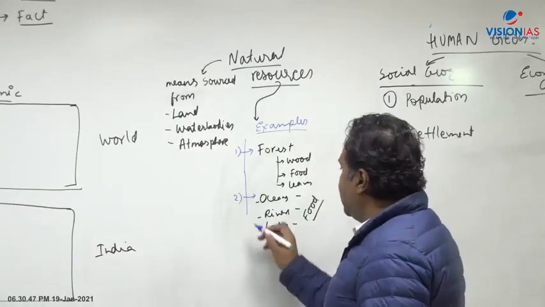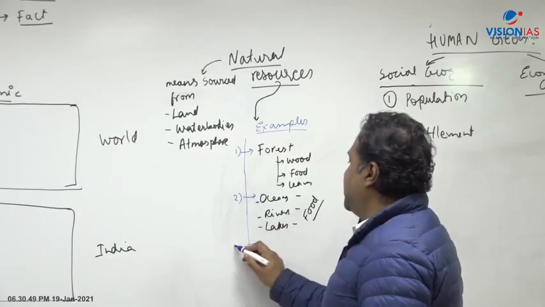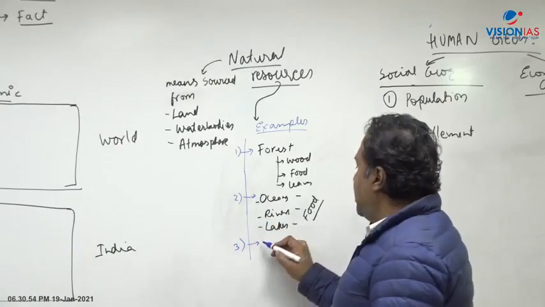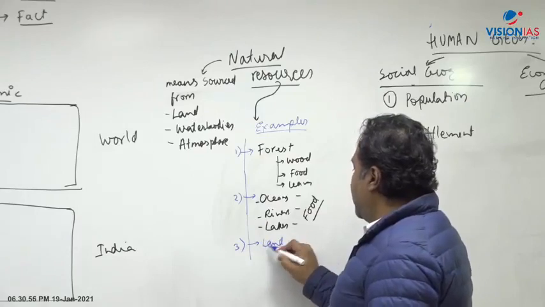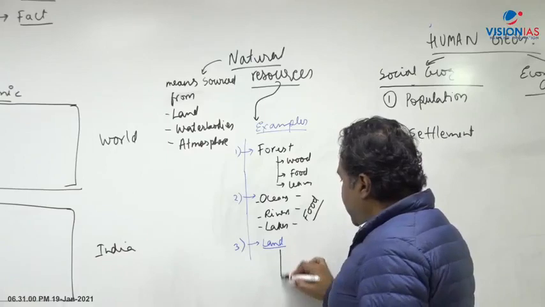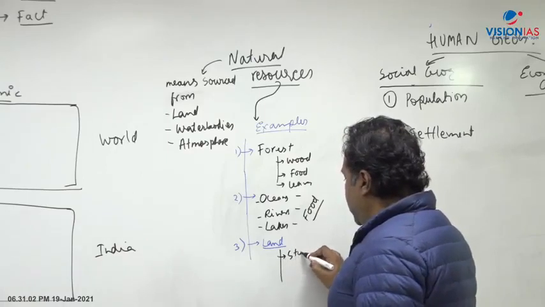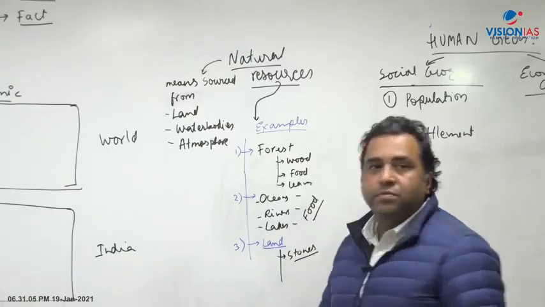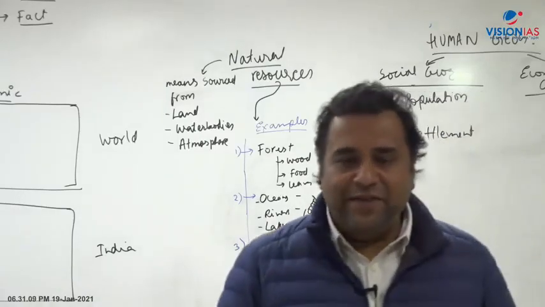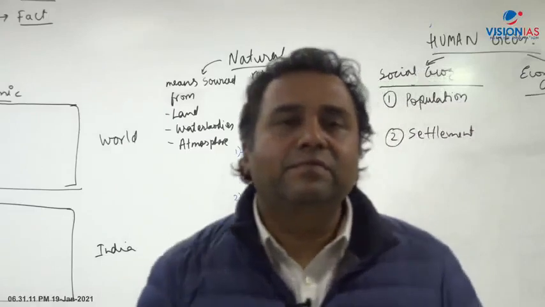Apart from that, any other? Yes. Then we had the resources from the land. Which were the resources that we got from the land? Such as stones. The oldest are the stones. Stones are the oldest land-based resource that we collected from the land, which is not related to life.